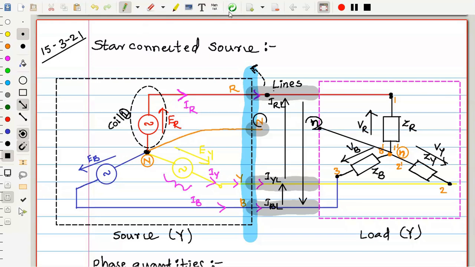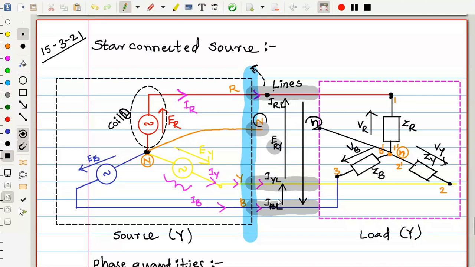Now let me write these voltages here clearly. This is E, meaning the induced voltage of the generator, between which terminals? R and Y. This is the notation we follow hereafter. RY means voltage between the R terminal and the Y terminal, where the arrow is pointing at the starting one, R. This notation is important.